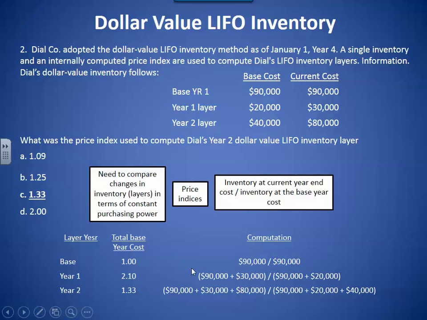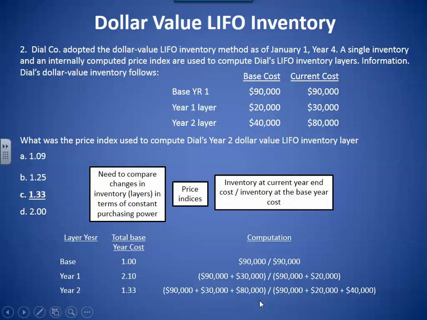We take the $90,000 from the base year and add the $30,000 current year cost, and then divide by the year 1 cost converted back to the base year cost, which would be the $20,000. We're also going to do that for year 2. In year 2, we take the $90,000 current cost, the $30,000 current cost from year 1, and the $80,000 current year cost from year number 2.